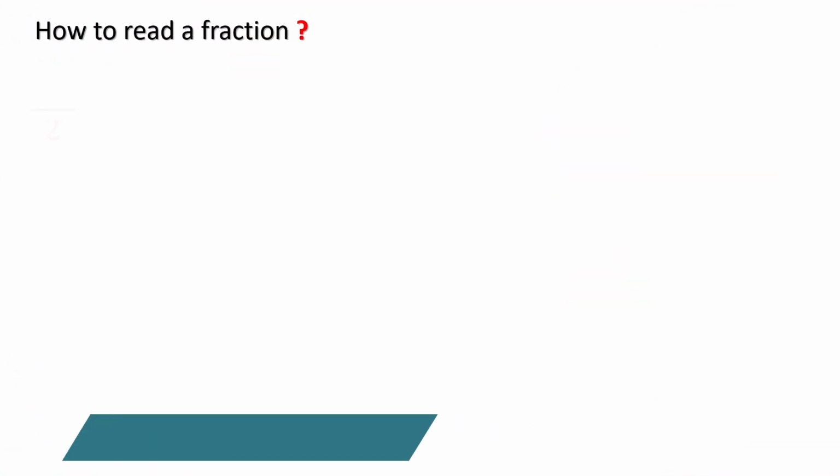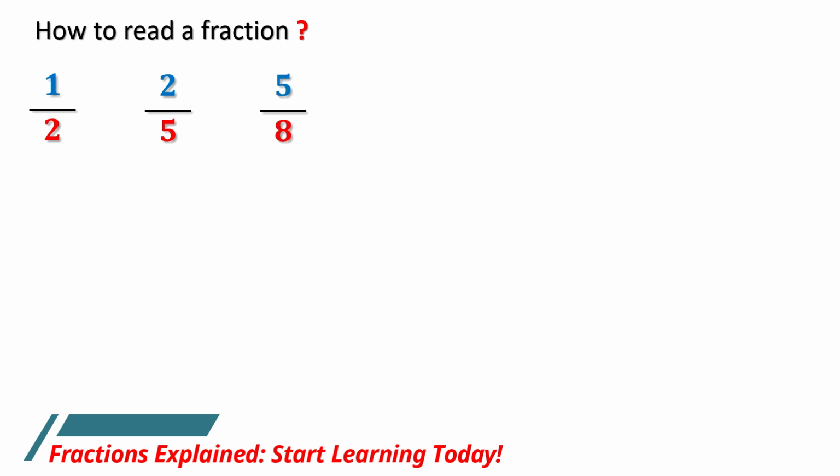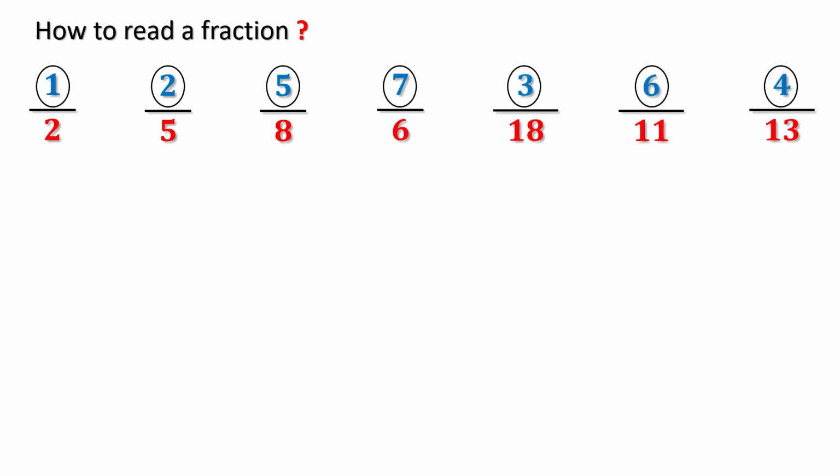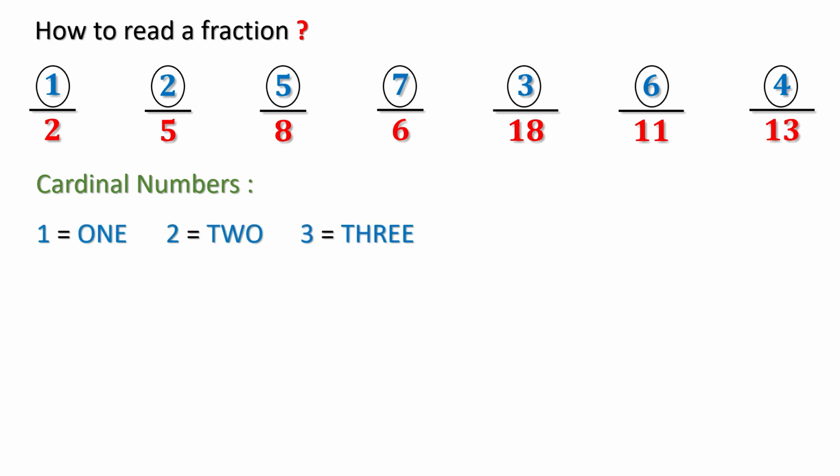Now, how do you read a fraction? It may seem complicated, but don't worry, with this guide it will be very easy. The numerator of a fractional number is read with cardinal numbers, that is, 1, 2, 3, 4, 5, 6, and so on.